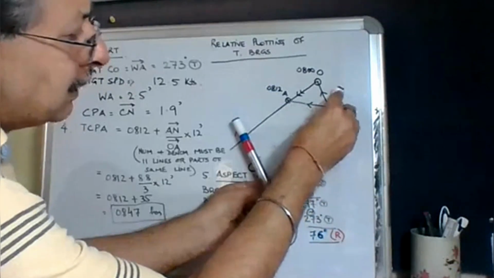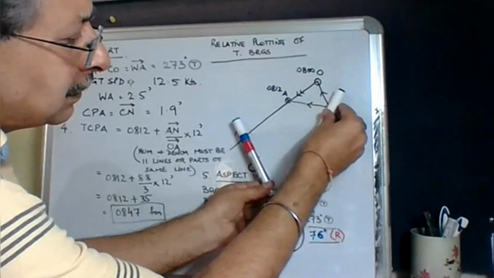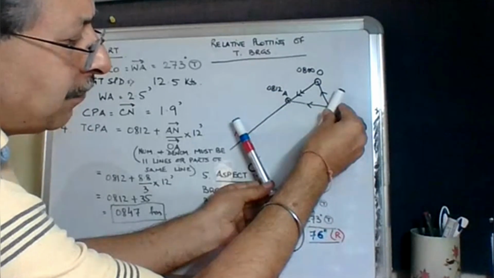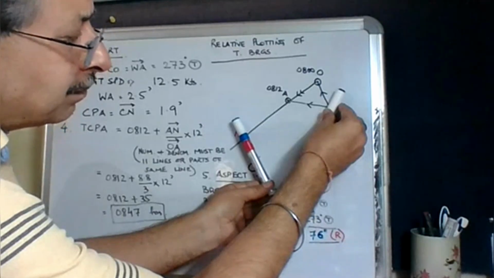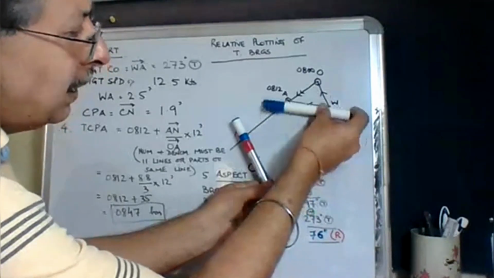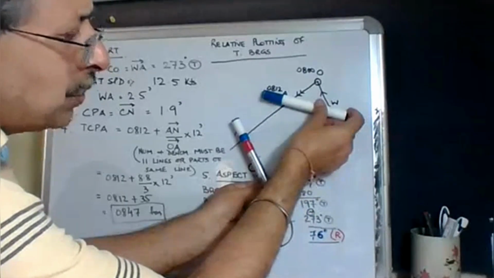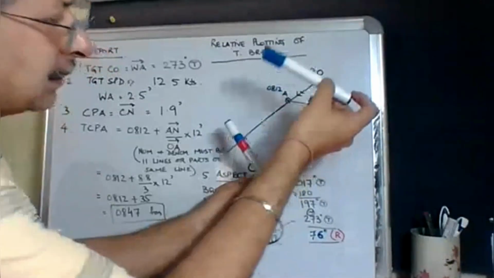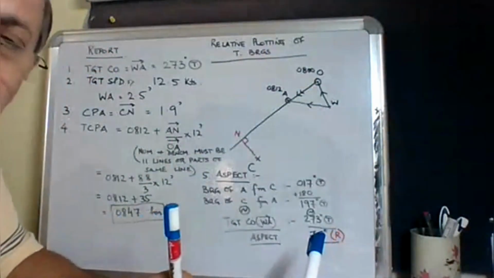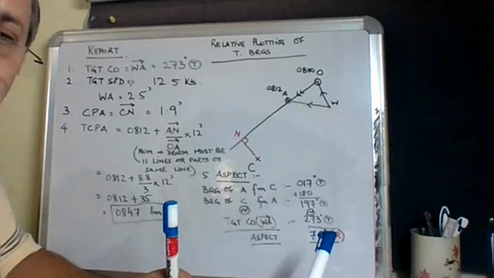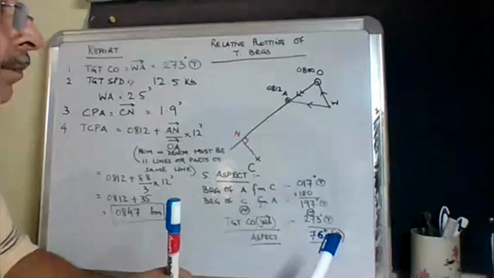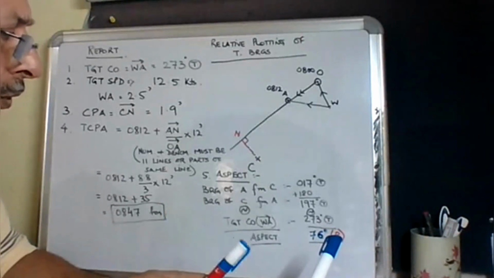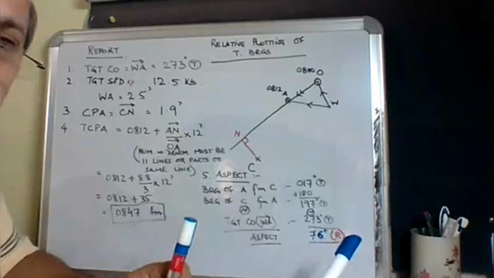If target was headed like this, then it would have been green. So basically, रात को टारगेट की कौन सी लाइट नजर आती है उससे पता चलता है एस्पेक्ट of the target. Right. So ये एक तरीका है.